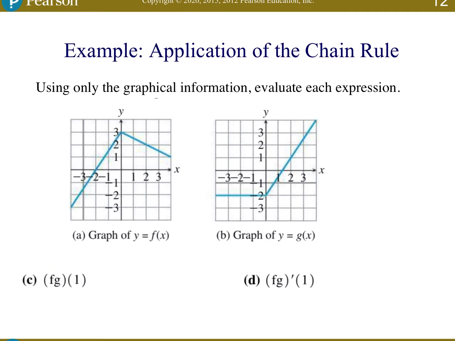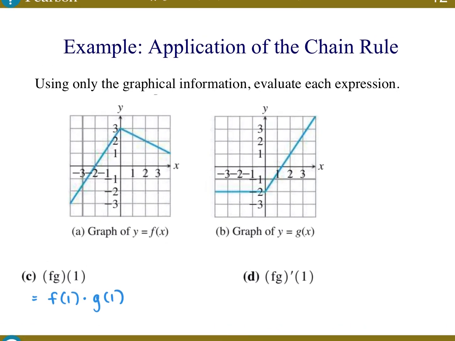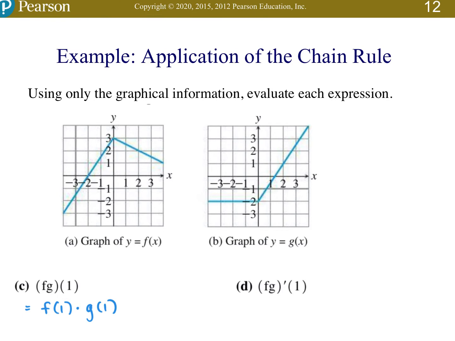Now let's look at what that would do if it was multiplication. If we're finding f times g of 1, the rules for multiplication, again, are pretty simple. f of 1 times g of 1. And we simply pull the y values off again. This time we're going to the number 1, and we want f of 1 right here.